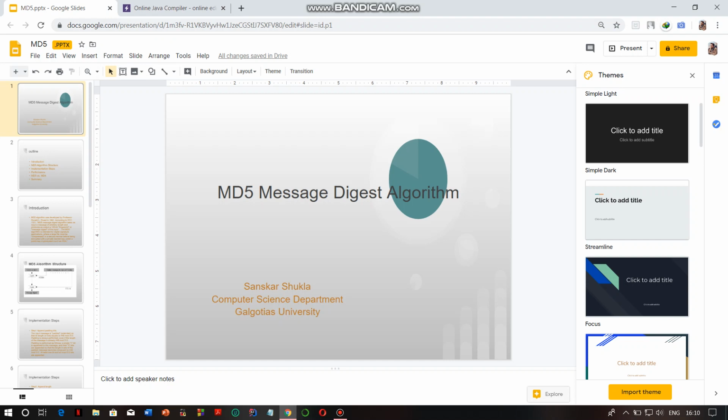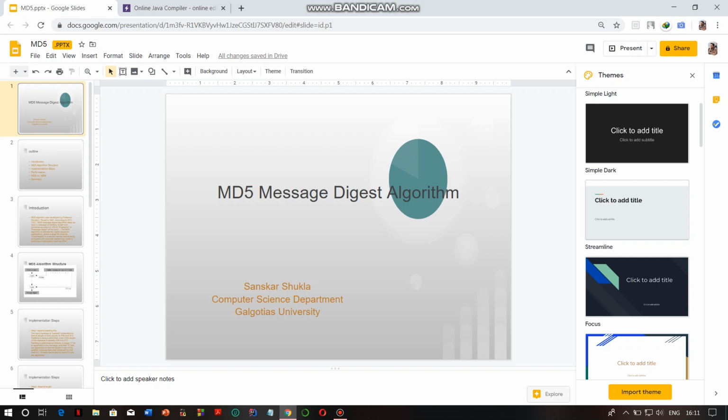MD5 is quite fast compared to other versions, of course, which takes the plain text of 512-bit blocks, which is further divided into 16 blocks, each of 32 bits, and produces the 128-bit message digest, which is a set of 4 blocks, each of 32 bits. It produces the message digest through 5 steps: padding, append length, divide input into 512-bit blocks, initializing chaining variables, process blocks, and 4 rounds. It uses a different constant in each iteration.